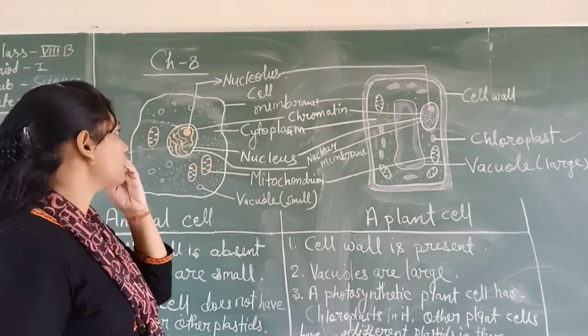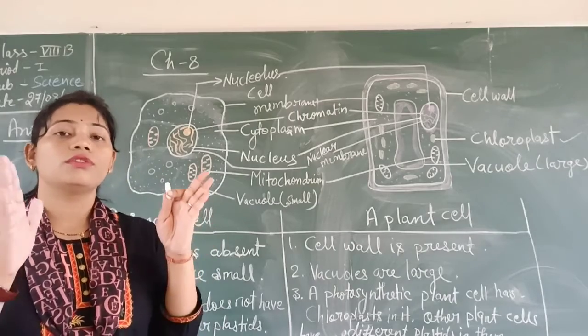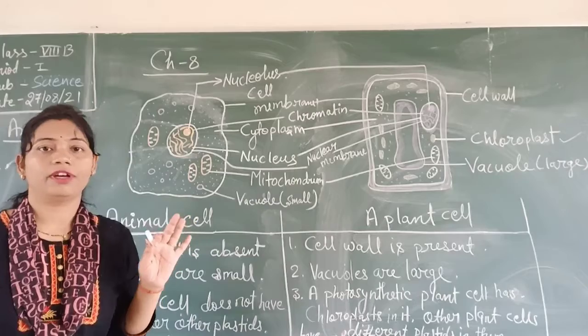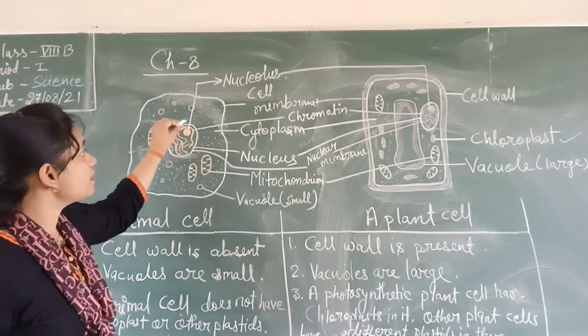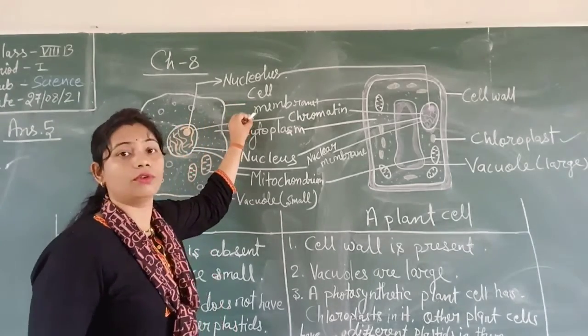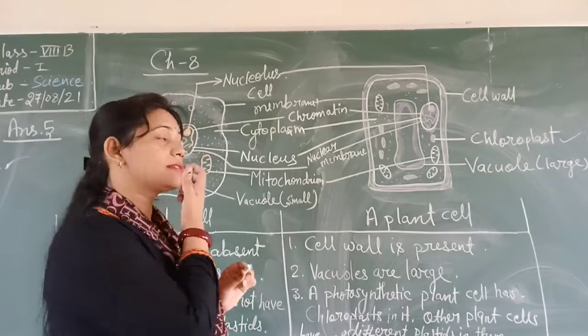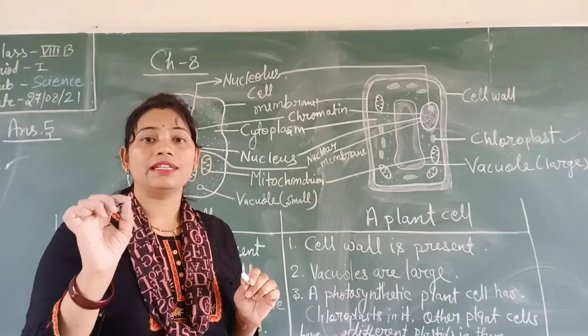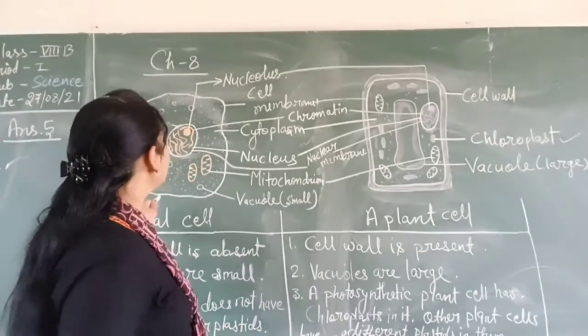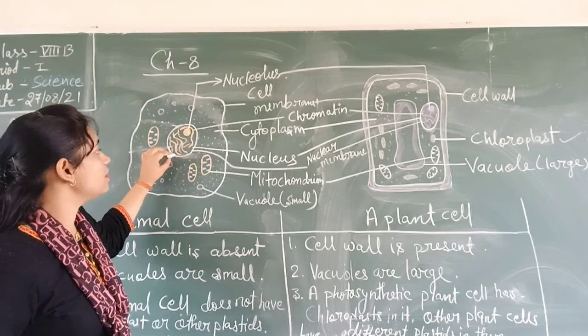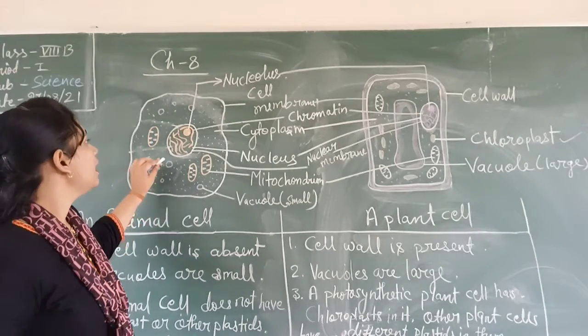So if we are talking about parts of the cell, this is the structure of a cell, which is different in different types of cell. Okay, and a cell contains a cell membrane. Cell membrane is the outer covering of the cell, which is a thin skin sheet. After that you can see a large spherical structure in it. This is the nucleus.